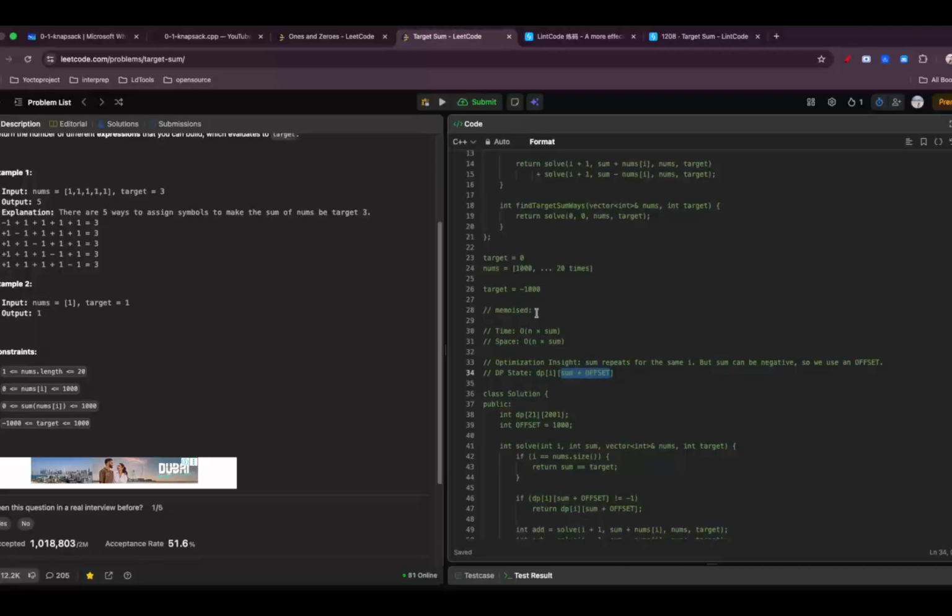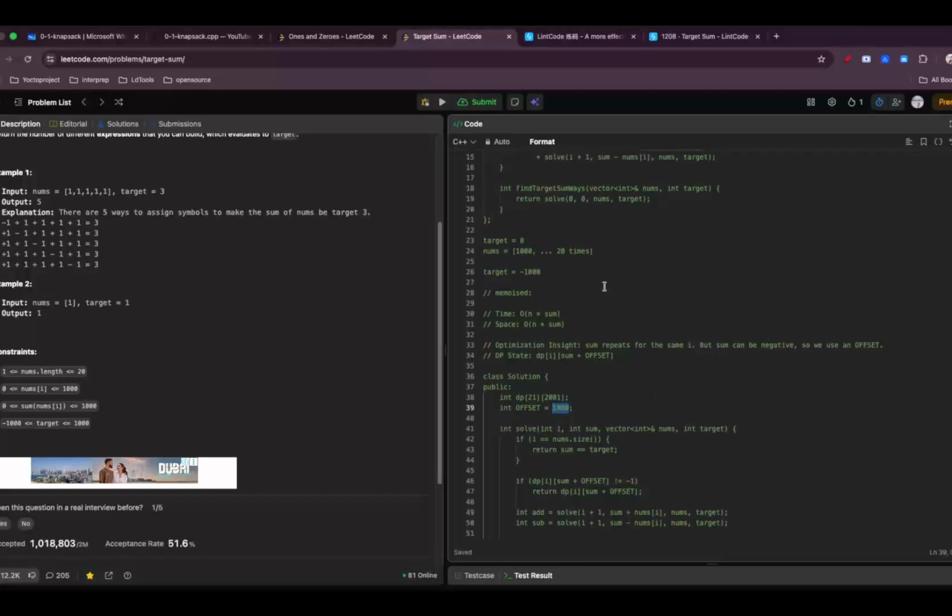If the sum reaches minus 1,000, that is, the index is negative, that will give us an error, right? So that's why we are taking, if by chance it becomes minus 1,000, then we have something to compensate the same. So that's why we are taking this offset as 1,000, so that we can compensate that particular scenario.